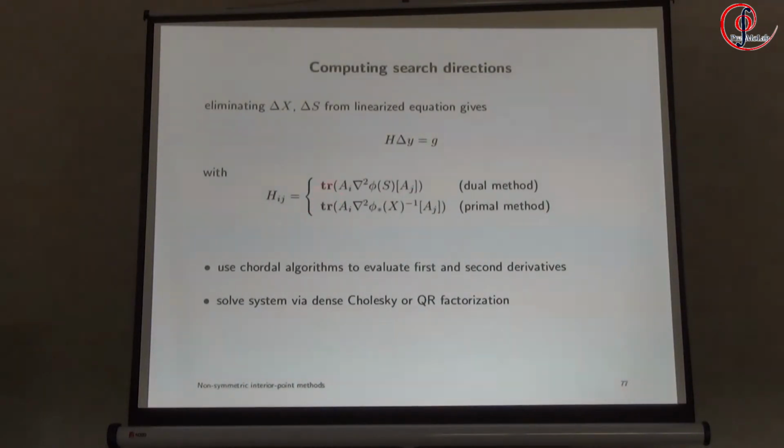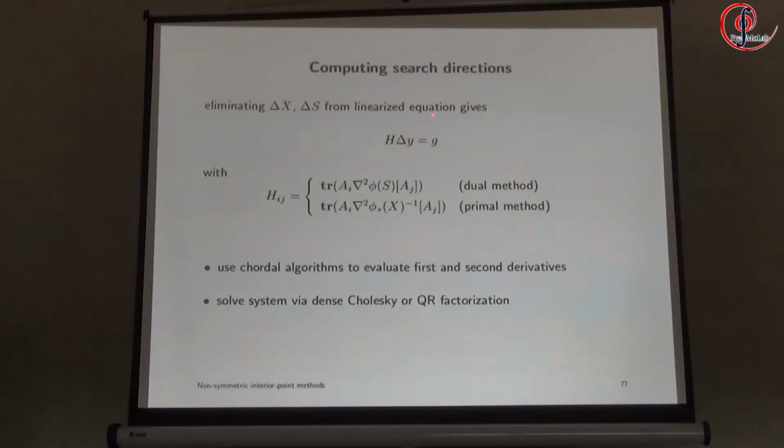But that's where we can use these fast methods for evaluating the Hessian of the barrier function. For all the coefficient matrices, you have to evaluate these products: apply the Hessian to Aj and then take the inner product with Ai, and that's the ij entry of H. So you can use these chordal methods to form this Newton system fast, and faster than the full SDP method.